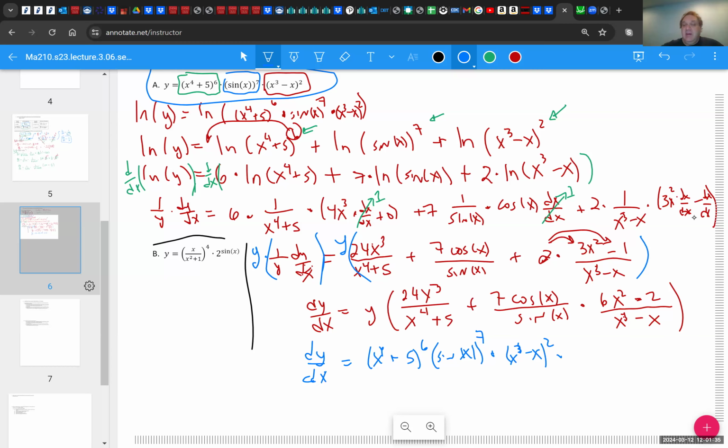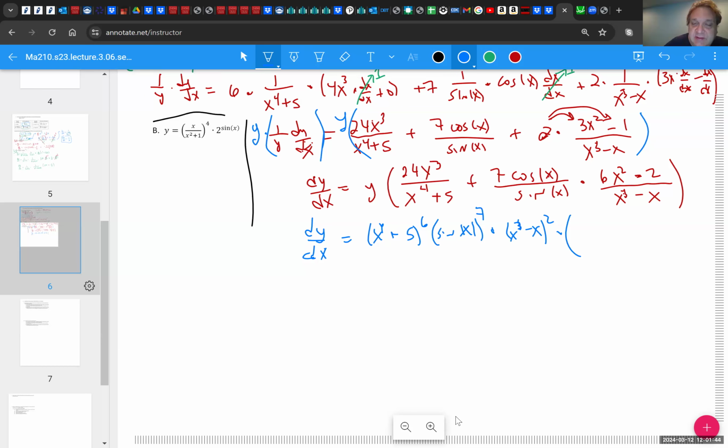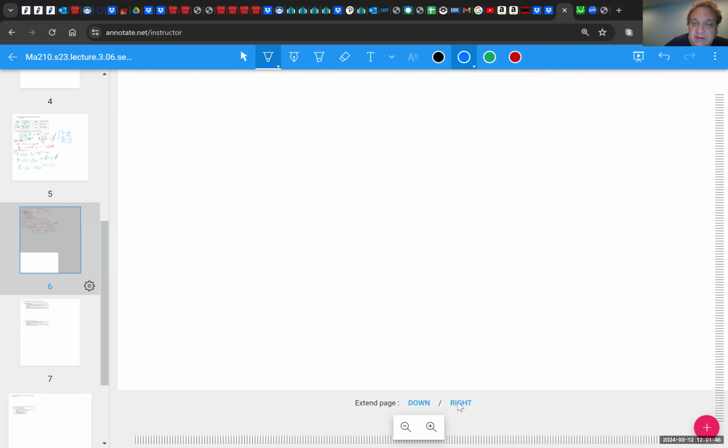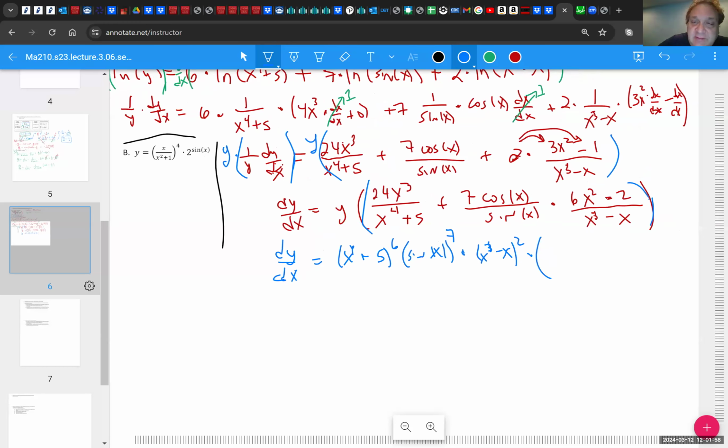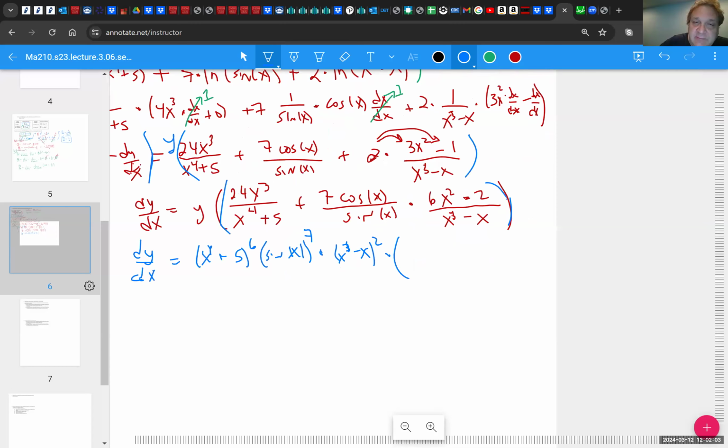That was the y thing. And then I have this big parentheses, which I'm not even going to have room for. The big parentheses is all this stuff right here. This is my big parentheses that I'll have to write afterwards. So the y has been substituted in as the original function. And then I just write this rest of the stuff, which will take me some time because my pen is kind of goofy right now.